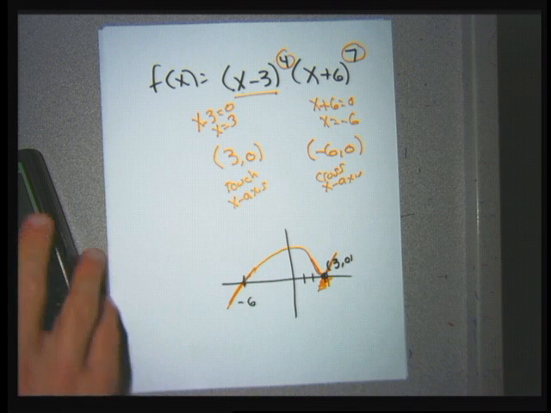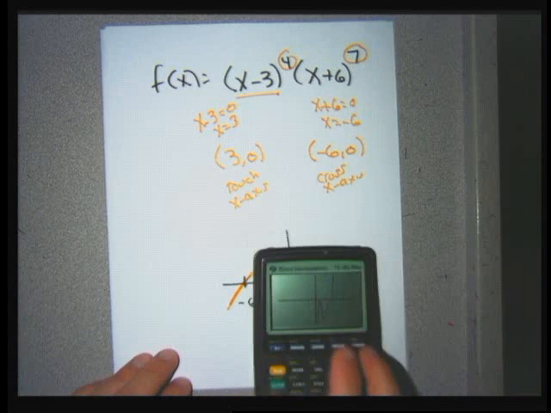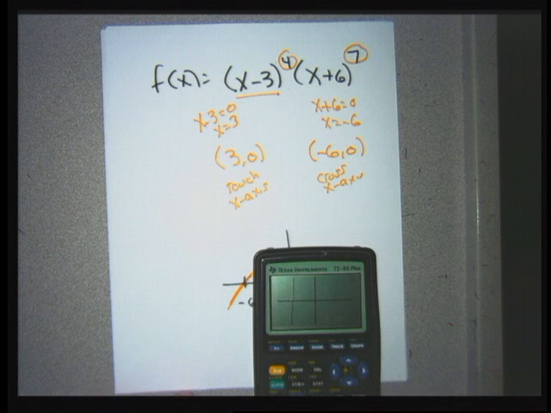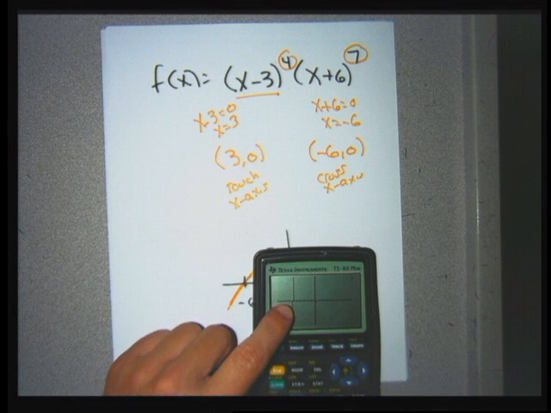I'm not sure. But if I graph this function, y equals parentheses x minus 3 up arrow 4, and then times, parentheses x plus 6 up arrow 7, and when I hit graph, there at my negative 6, it crosses the x-axis.